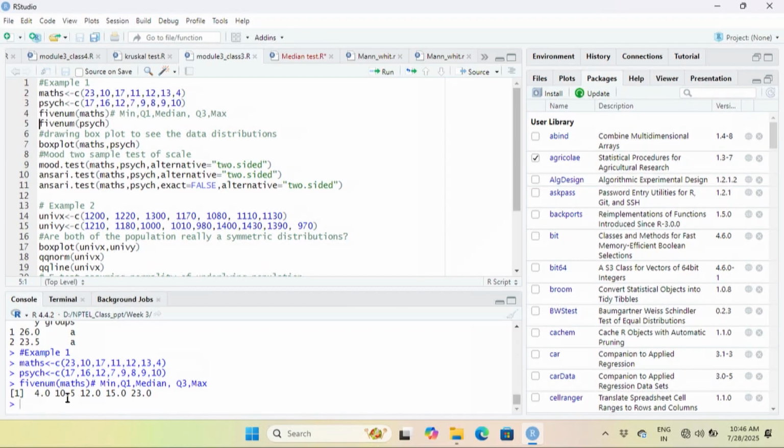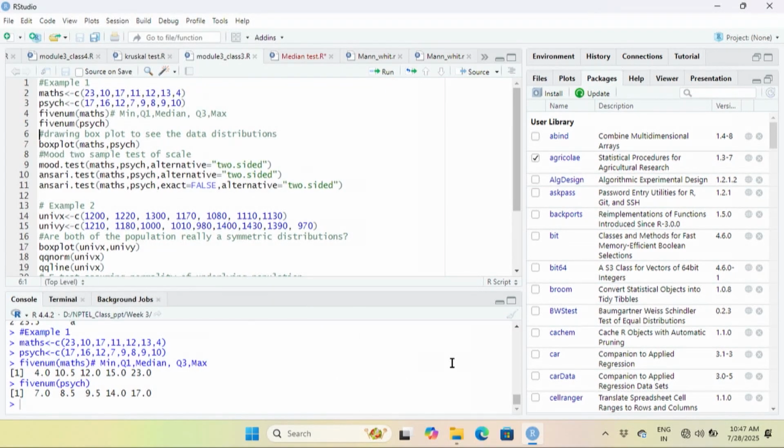Then the first quartile is 10.5. Median, look at the median, that is 12. And the third quartile is 15, maximum is 23, so on and so forth. Just for your concept building, you can check how the medians are. The median for the psychology students is this.